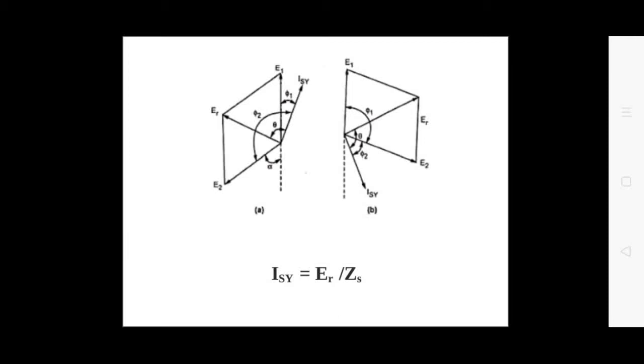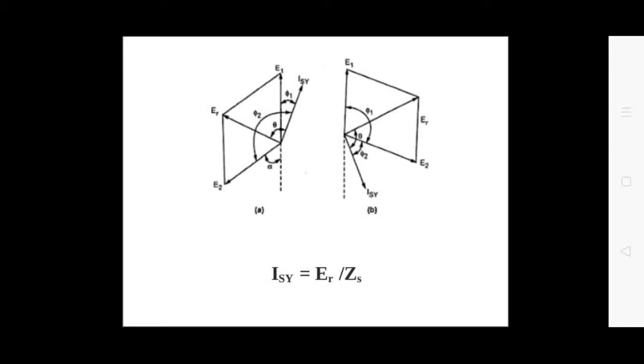Now the phase angle of ISY is given by an angle theta, which can be computed as tan theta equal to XS by RA, where RA is the armature resistance and XS is the synchronous reactance. This angle is almost 90 degrees. Thus ISY lags ER by almost 90 degrees and is approximately in phase with E1.